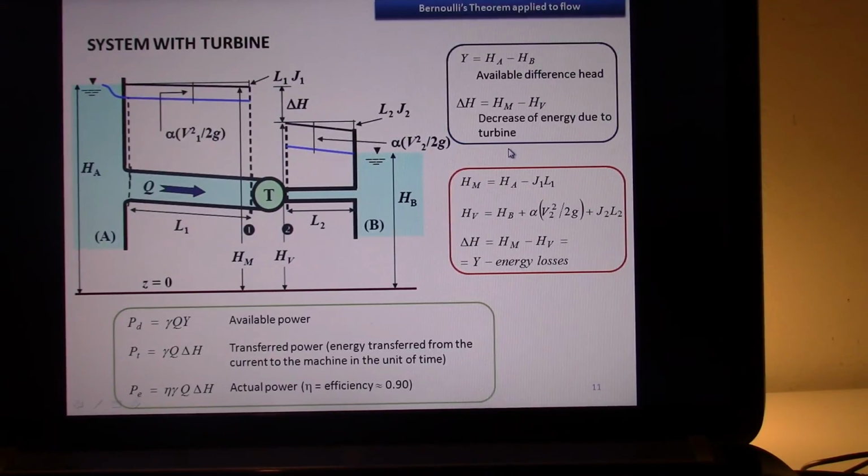In the paper it was delta HT, it is the same. And the transfer power is the energy transferred from the current to the machine in the unit of time.